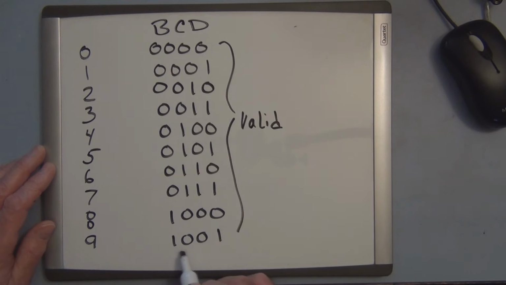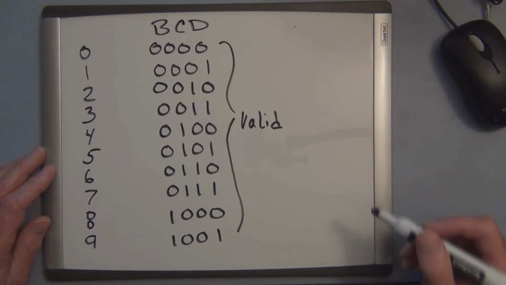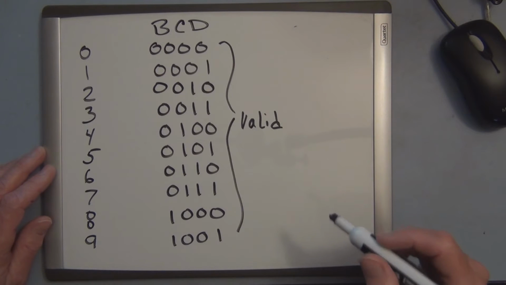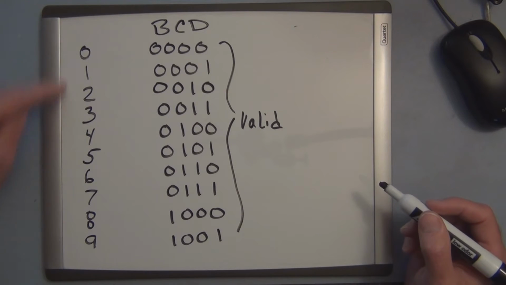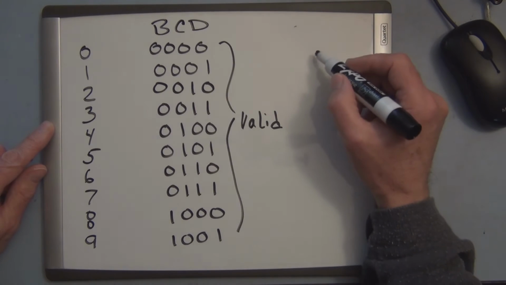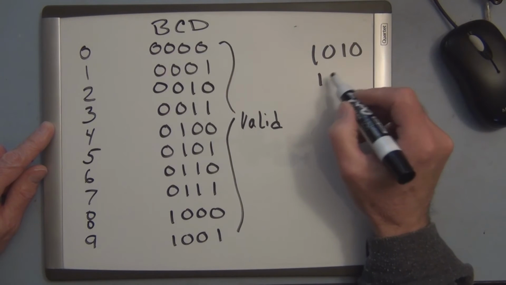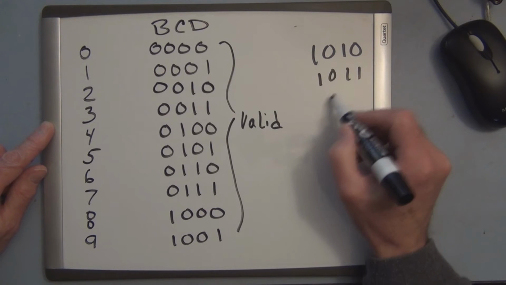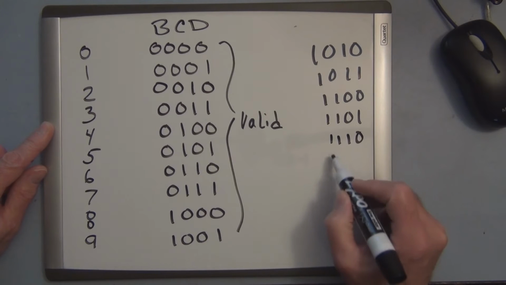But since we have a 4-bit code group, we can actually count up to 15, but the remaining code groups are invalid. They are not used in the BCD system, since we only have to represent each individual decimal digit in each individual position, 0 through 9. So these code groups are invalid: 1, 0, 1, 0; 1, 0, 1, 1; 1, 1, 0, 0; 1, 1, 0, 1; 1, 1, 1, 0; 1, 1, 1, 1.